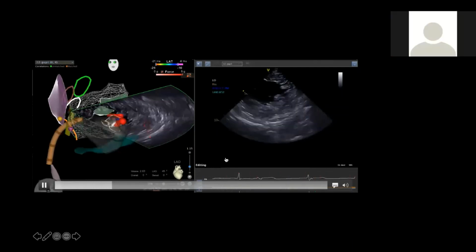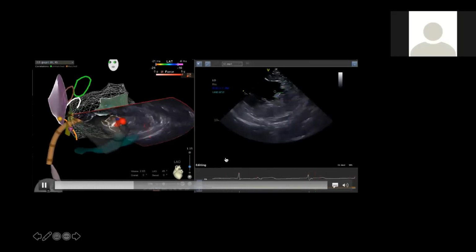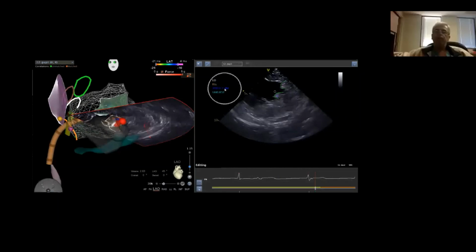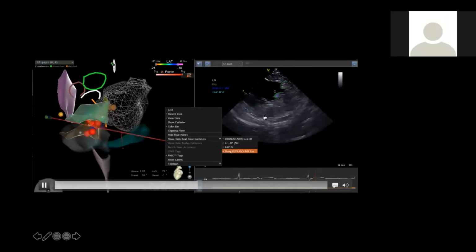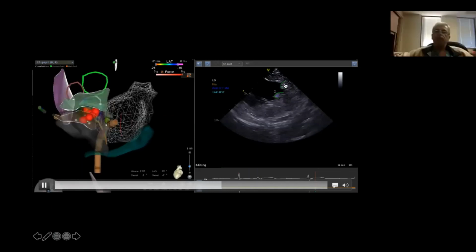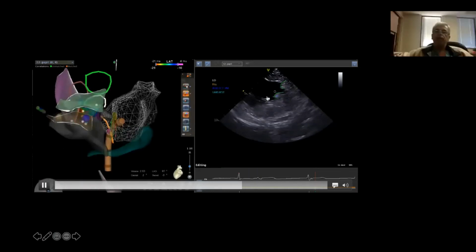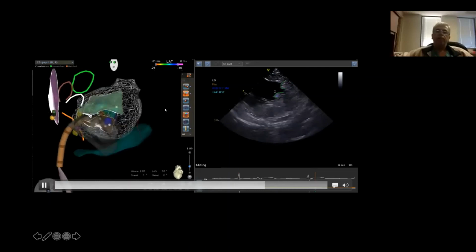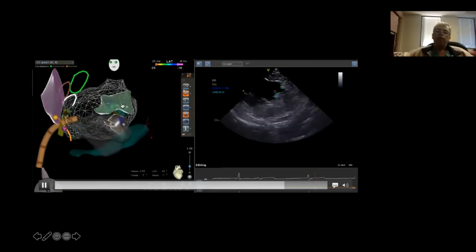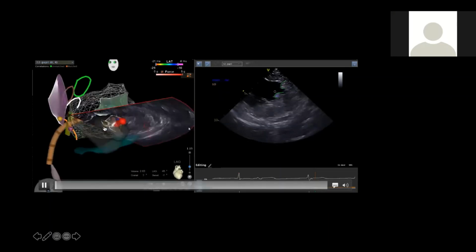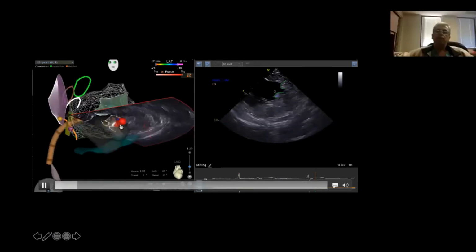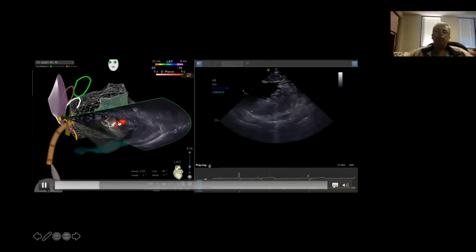This is one patient we did with papillary muscle PVC and VT. On the right here, you can see the left ventricle, short axis. You can see the papillary muscles defined on the left. You can see those papillary muscles drawn and the lesions applied at the tip of those papillary muscles.